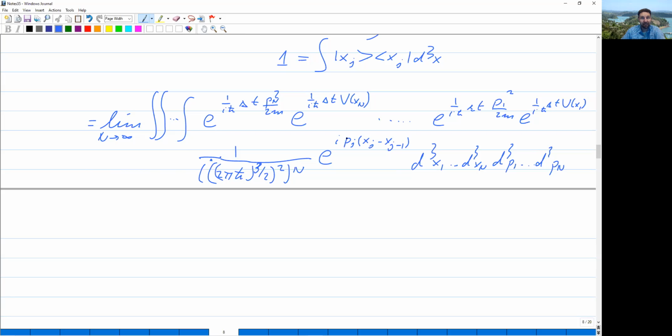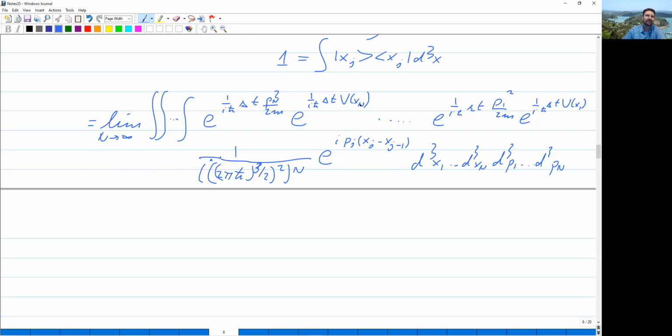As far as the x are concerned, we can't say anything in generality, because the V of x could be anything. It could be like a 1 over x for a Coulomb potential. It could be an x² for harmonic oscillator. It could be an x to the 8th power for a non-harmonic oscillator, for example.